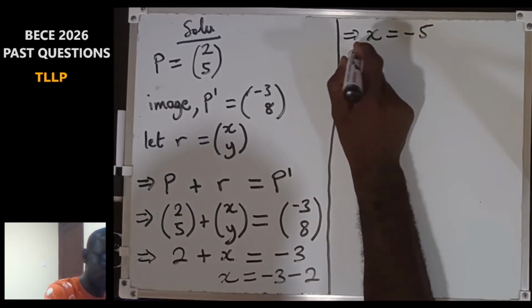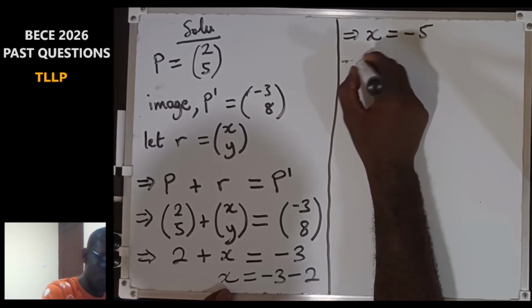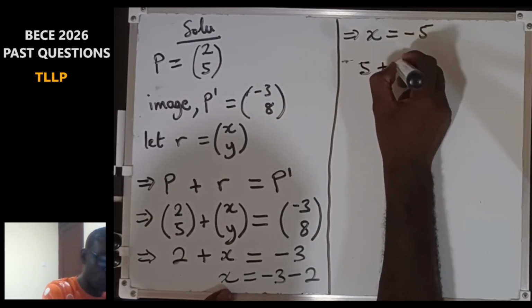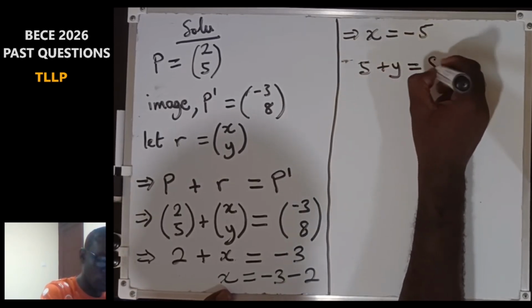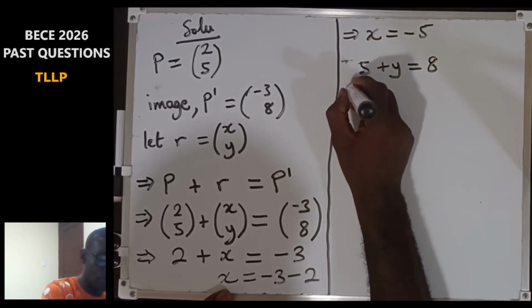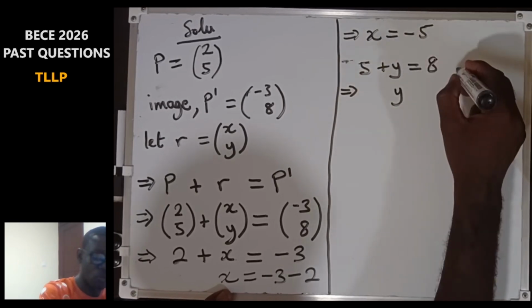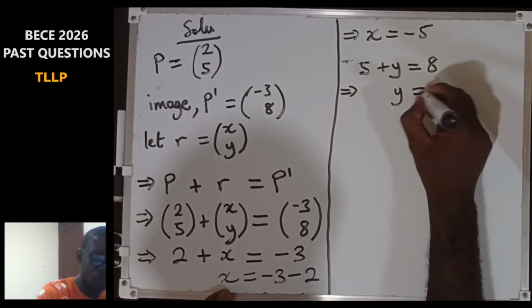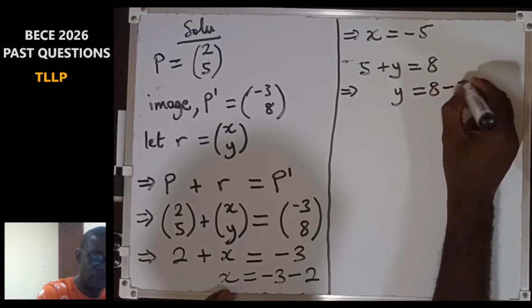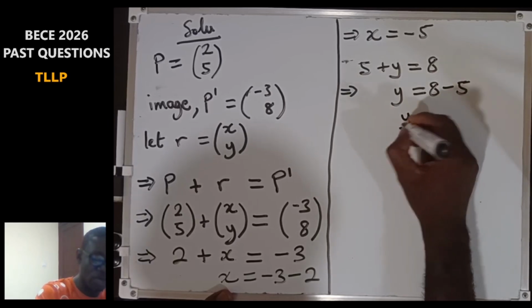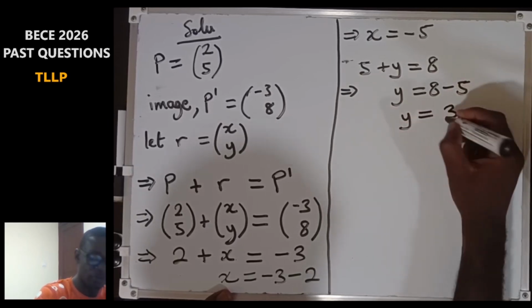It also means that 5 plus y is equal to 8, and that implies we can find y. So I have to bring my 5 to the right hand side. So I have 8 minus 5. That means my y becomes 3.